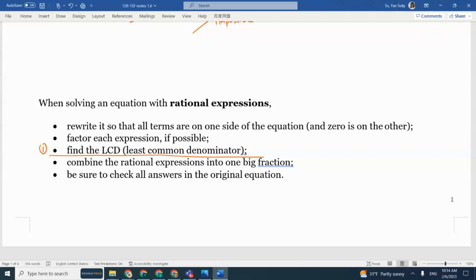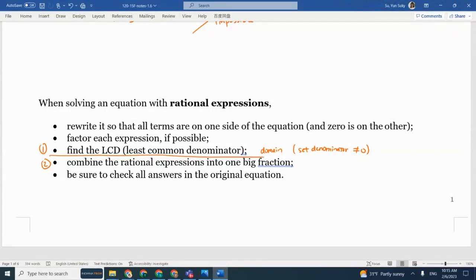So here, first steps: find the least common denominator and find the domain. For the domain, we set the denominator not equal to 0. And then we combine the rational expressions into one big fraction.